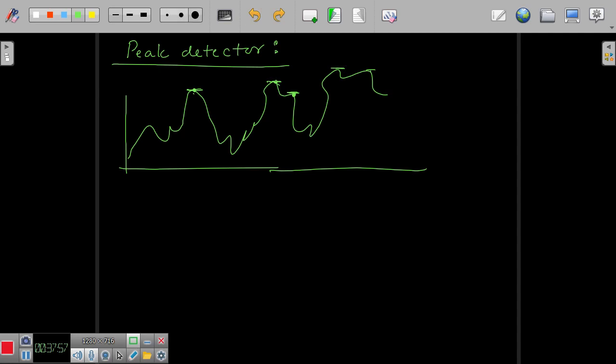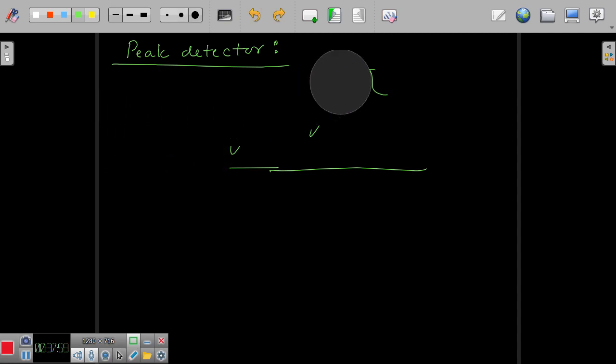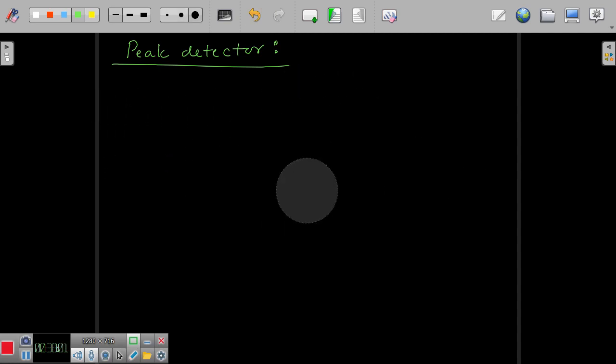Now let us see how a simple peak detector can be realized using the operational amplifier. A very simple circuit here, right? You please note down. In fact, I should have taken this peak detector before I discussed the sample and hold circuit.